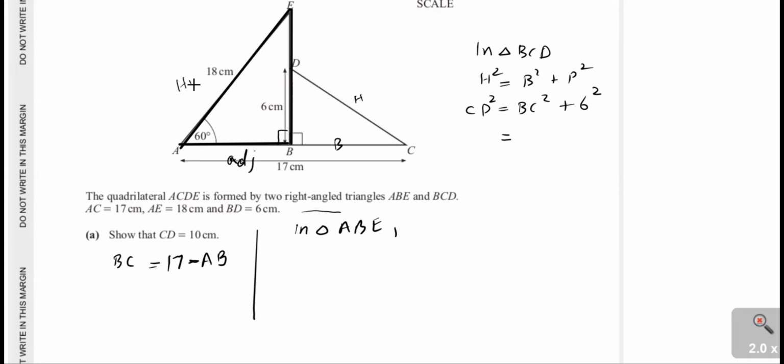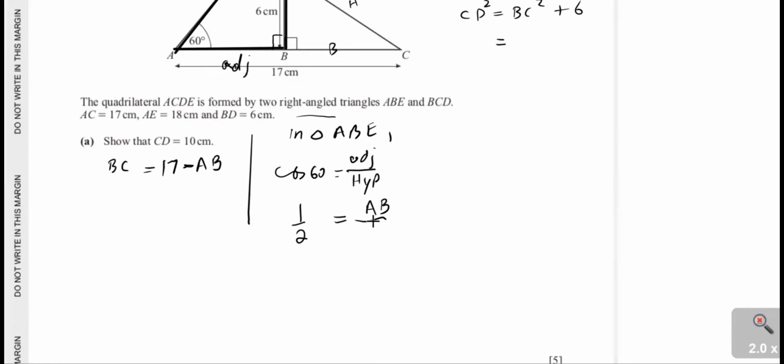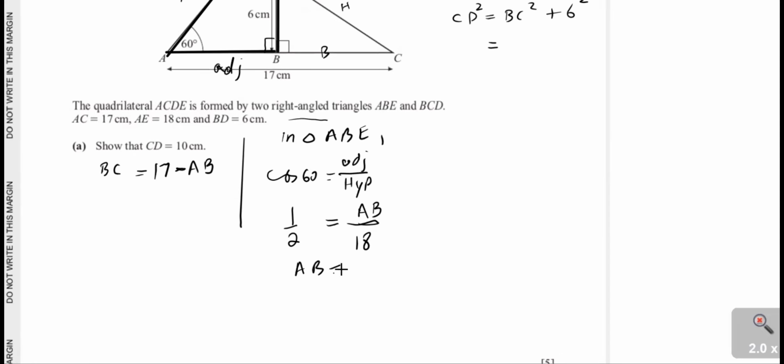Therefore, we use the ratio adjacent over hypotenuse equals cos 60, and cos 60 equals 1 over 2. Adjacent side is AB, and hypotenuse is 18 centimeters. AB will be equal to 18 over 2, and this is 9 centimeters.